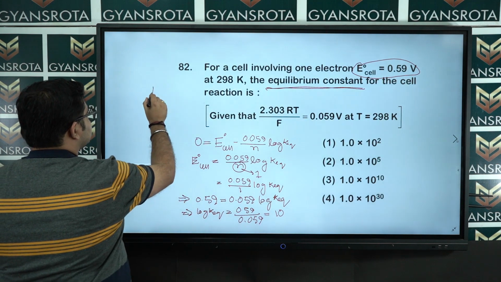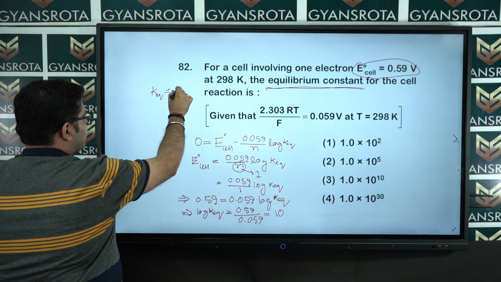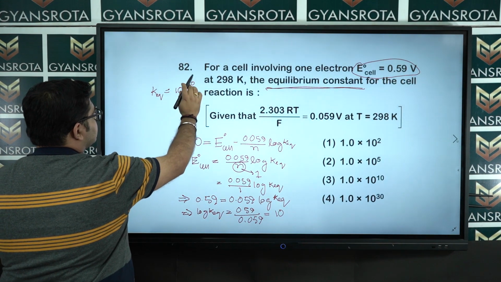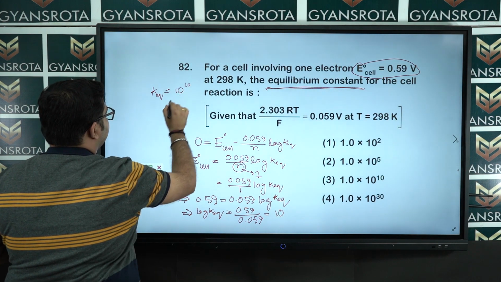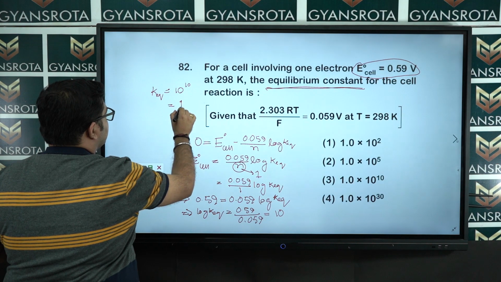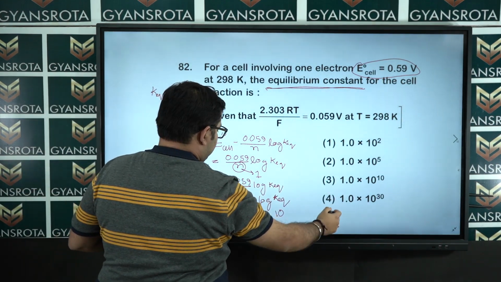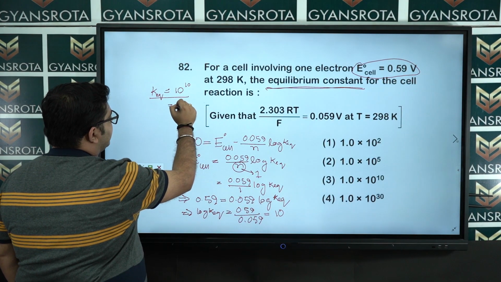So, this K equilibrium is equal to 10 to the power, sorry, that should be 10 to the power 10, and the value is 1. And if you see, the 1 value is given in all the equations. So, K equilibrium value is coming as 10 to the power 10.